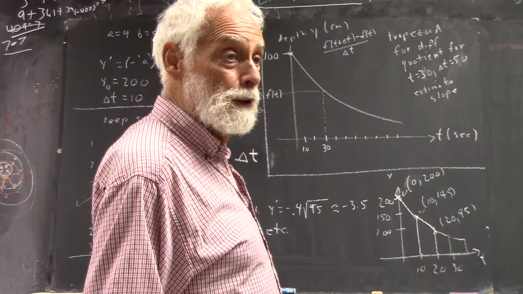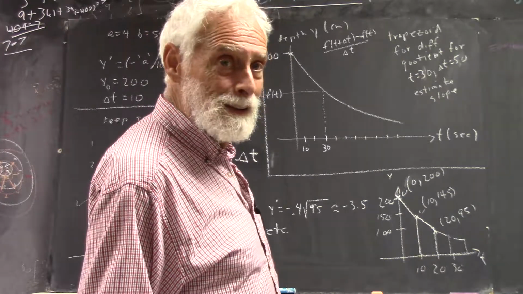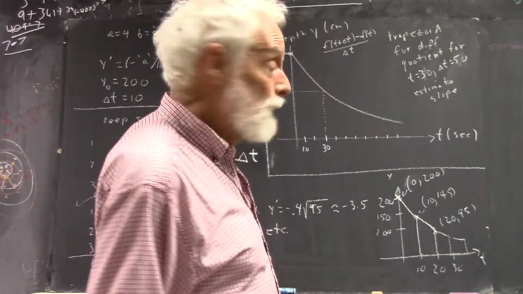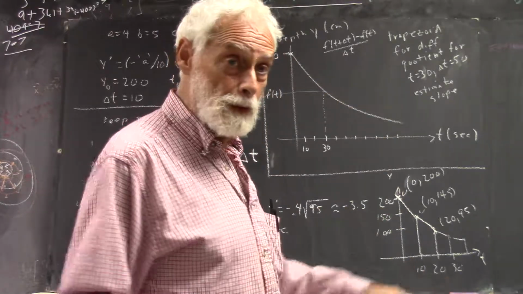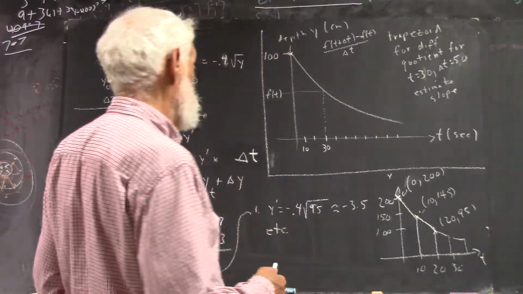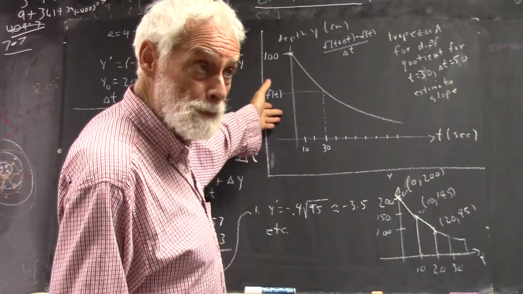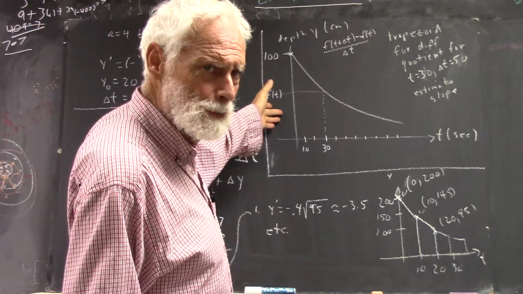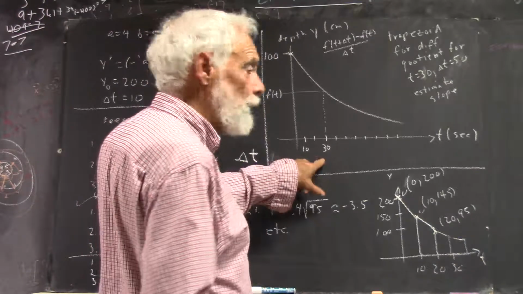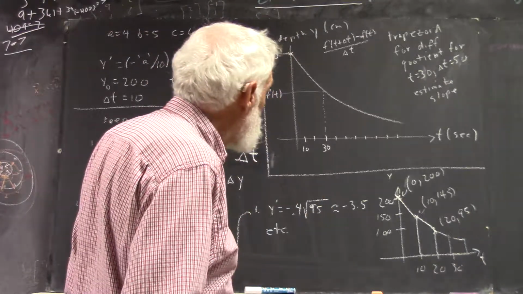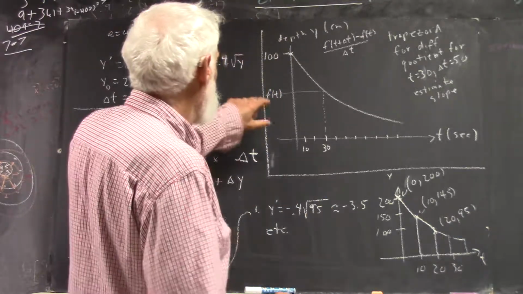So going into, say, a calculus class with this picture and with some of the skills you're developing here is going to give you a big head start, okay? So you don't have to sit and puzzle over this picture for a week before you understand what's going on. Okay, so anyhow, you got 30, and there's your f of t.